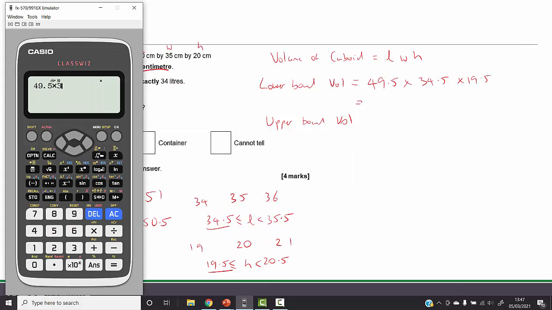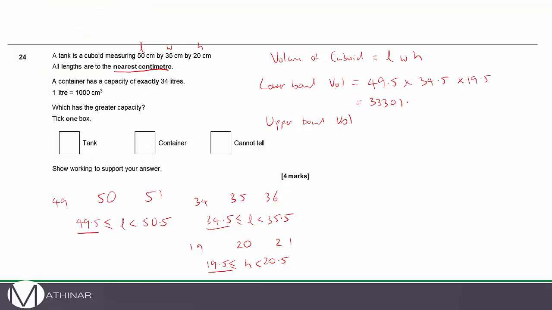And the decimal is 33301. That's centimeters cubed. And if we want to convert that into liters, we will just need to divide that by 1,000. We'll do that in a second.